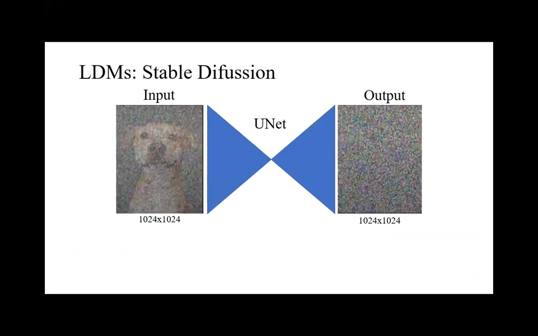So now that you know a little bit about diffusion models, let's start with stable diffusion, or latent diffusion models, which is the paper. As I told you, the traditional diffusion model works in this way. We have an input, I pass it through a UNet, and I predict an output. Remember that this is in the reverse process, in the reverse diffusion.